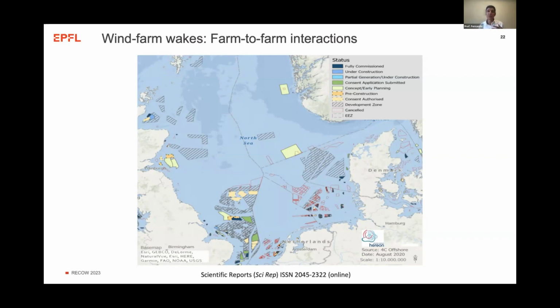So we have the farm wake effect, these farm wakes that can extend tens of kilometers and can then be affecting the next wind farms. It's even becoming a bit of a legal issue, even at the level of borders between countries, because there are no clear legislations on that. So it's a very active field, with a lot of interest.